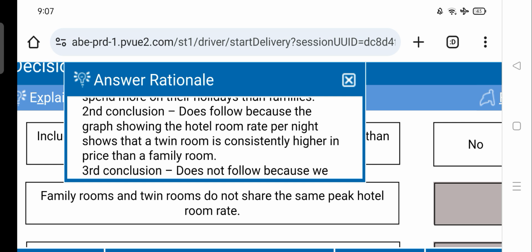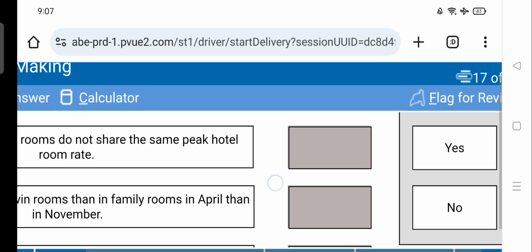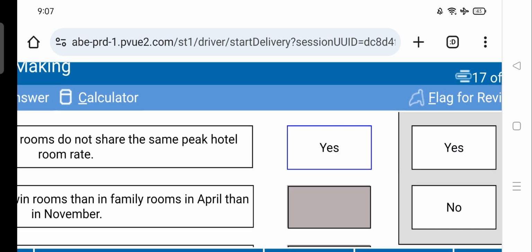So this one does follow, and that's why we will drag a yes and drop it here in front of this conclusion.